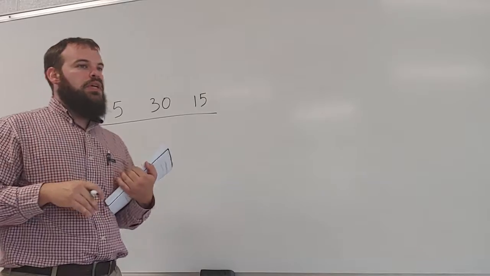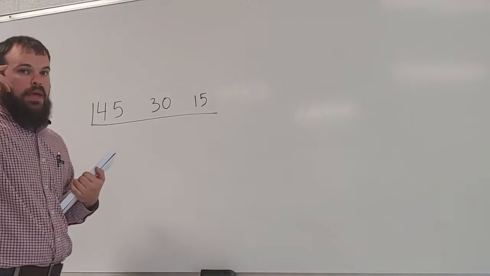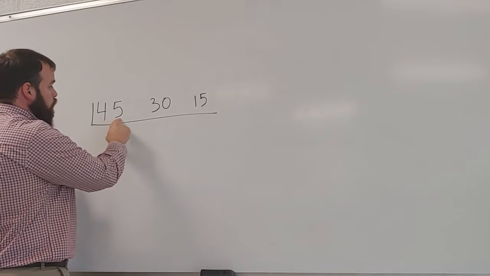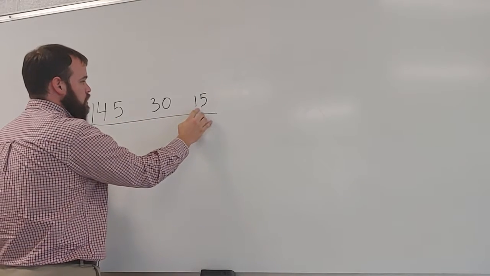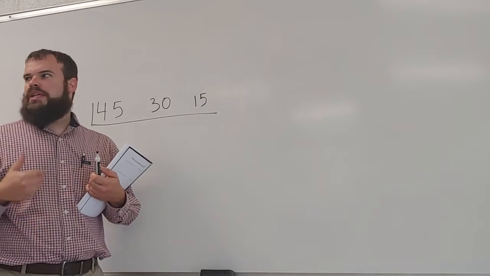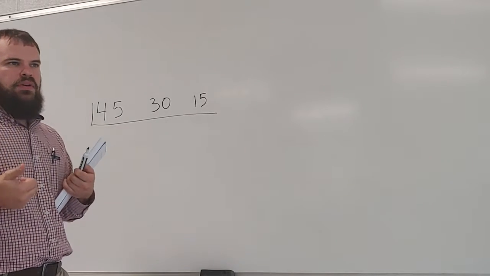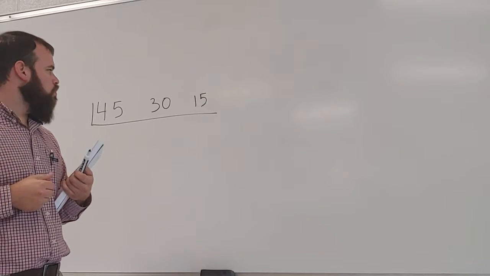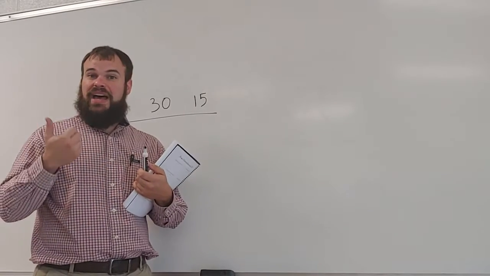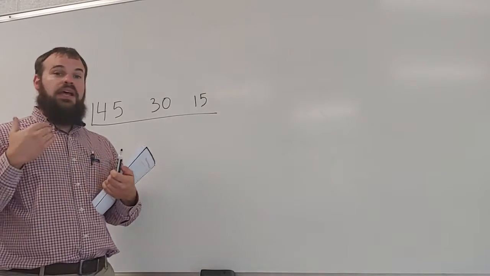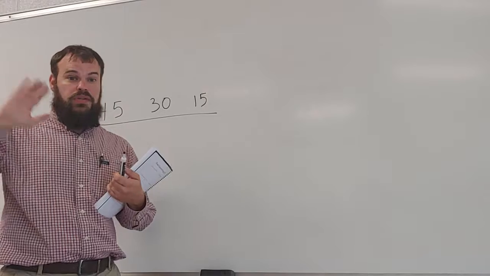Sometimes this can be a little bit tricky, but some of my math rules tell me I'm going to look at this back number here. Well, there's a 5, there's a 0, and there's a 5 there. What number can we count by where every single time we're going to end up with a 5 and a 0? We're going to count by 5s. 5, 10, 15, 20, 25, 30. Every single time it's either 5 or 0.